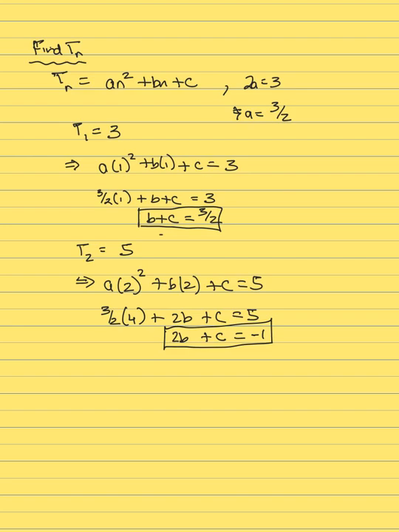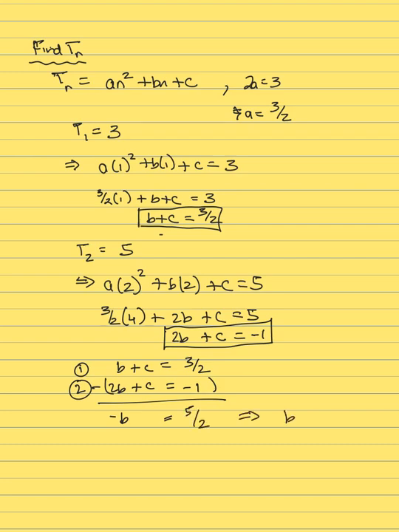So we can just take the first equation, b plus c is equal to 3 over 2, and the second equation, 2b plus c is equal to minus 1, and we just subtract, and we get b minus 2b, so minus b, c minus c is 0, and then 3 over 2 minus minus 1, 3 over 2 plus 1 is 5 over 2.